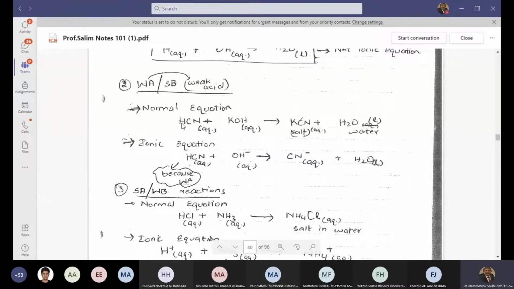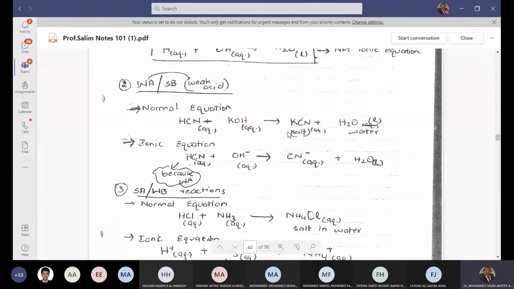HCN plus KOH. Normal equation: KCN plus water. Salt and water.